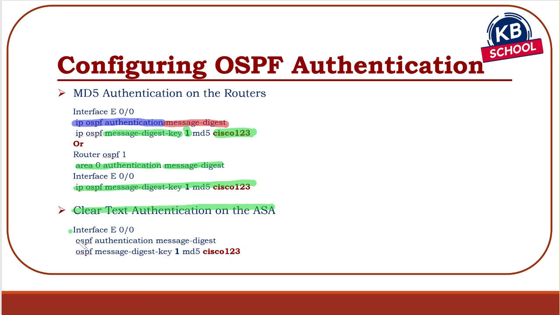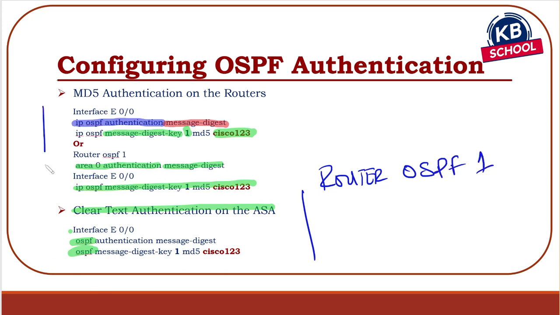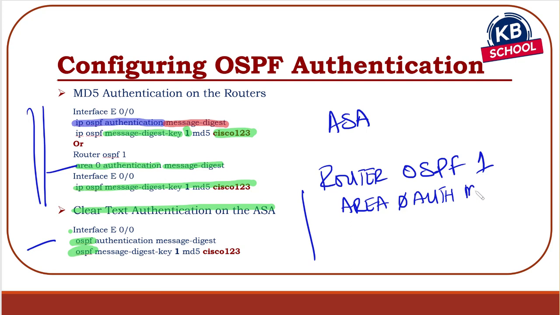For the ASA, it's almost the same. Lose the IP command in front, the rest of it is the same. Now, if I had to do the same thing globally under the routing process on the ASA, because I showed you the example on the router for the global but didn't do it for the ASA, this is the way I would do it. Router OSPF 1, area 0 authentication message-digest.